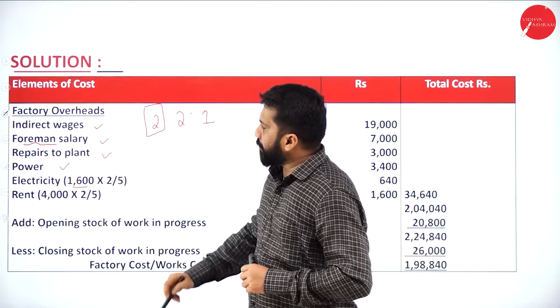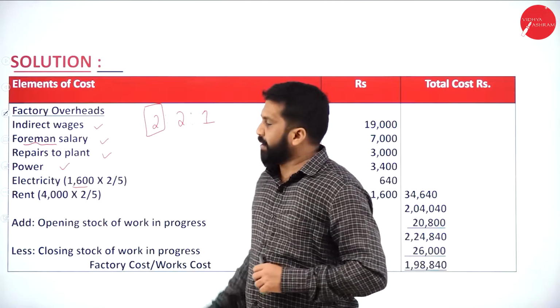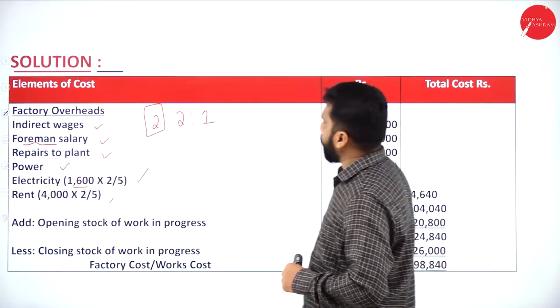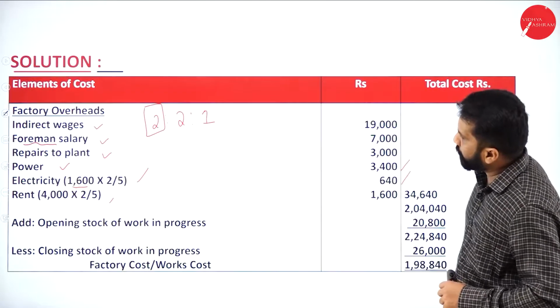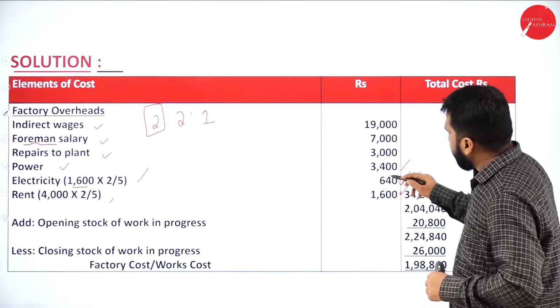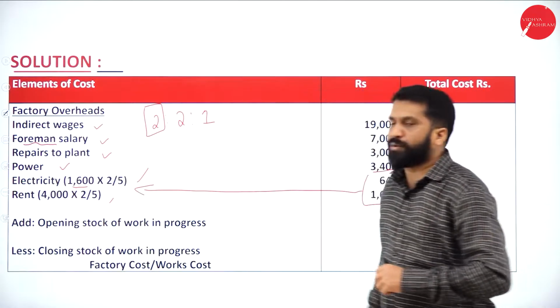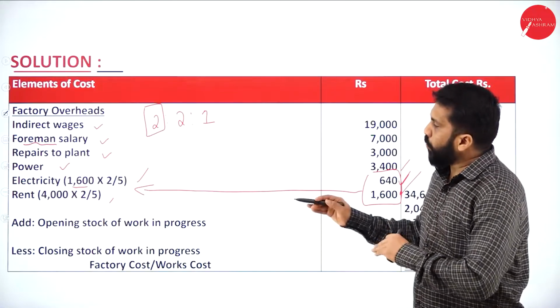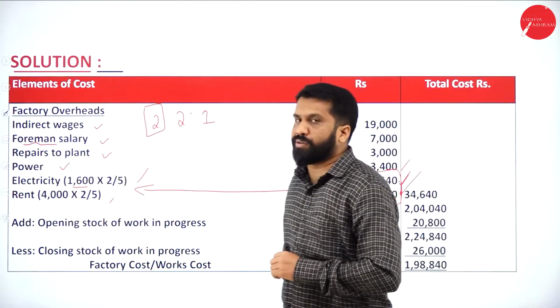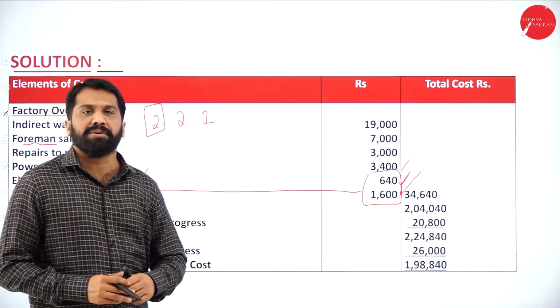Now, 1,600 into 2 by 5, rent 4,000 into 2 by 5. If you do this calculation, you will get around 640 and 1,600. These two are your calculations. Now, once you're done with this, as I told you, your work in progress comes under what? Factory overhead.